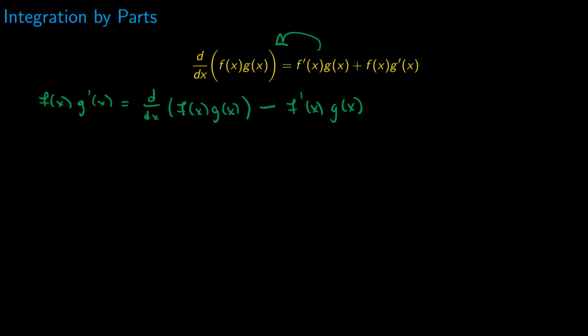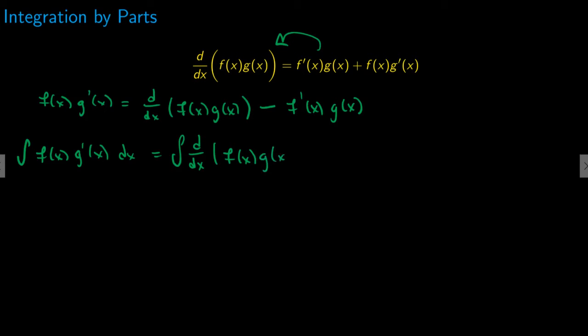And I want to integrate this entire equation, so I'm going to get the integral of f of x g prime of x dx is equal to the integral of d by dx of the product f of x times g of x all times dx minus the integral of f prime of x g of x dx.